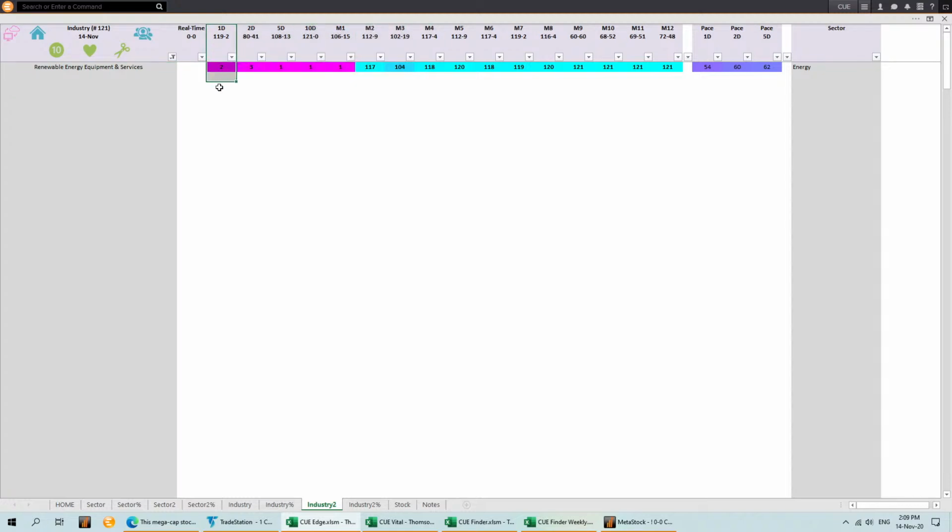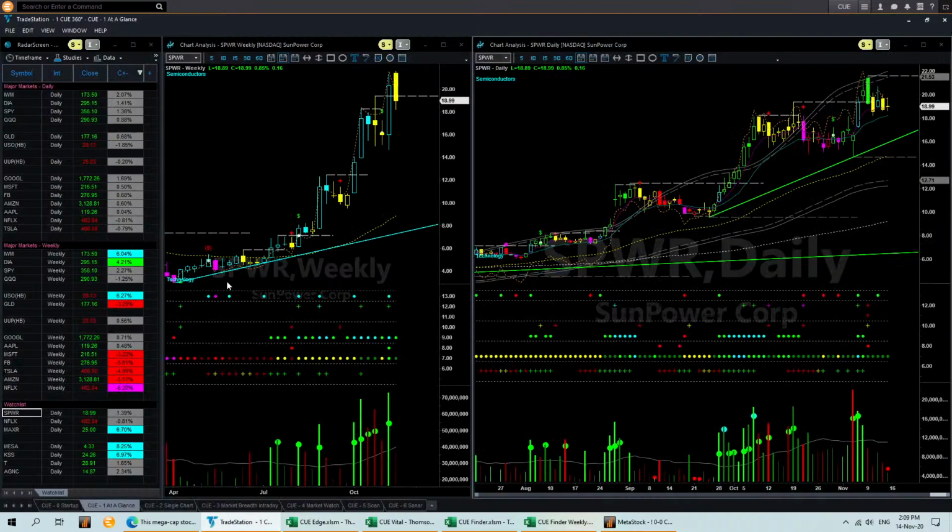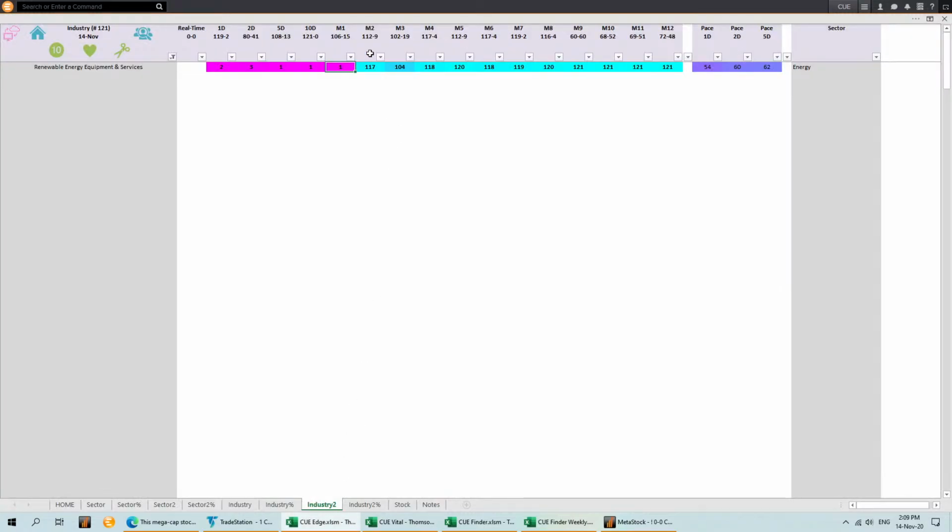Not only down, on Friday its score is the second worst possible score over 2 days, third worst possible over 5 days, the worst possible over 10 days, worst possible over 1 month. When I see an industry is as weak as this, whatever the chart looking from lower left to upper right, I am not going to buy the stock today. I could have bought it when it was at the lower left corner. Of course I would have bought it, but not today. Not looking at this industry rotation that I can see from QH.